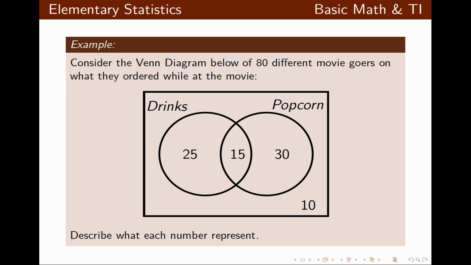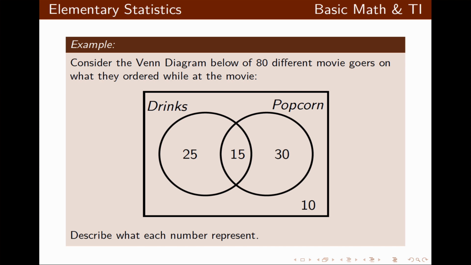The 25 belongs to the drinks circle, but it doesn't belong to any other part of the Venn diagram. So that means 25 people ordered drinks only. Similarly, 30 people ordered popcorn only, and so on and so forth.